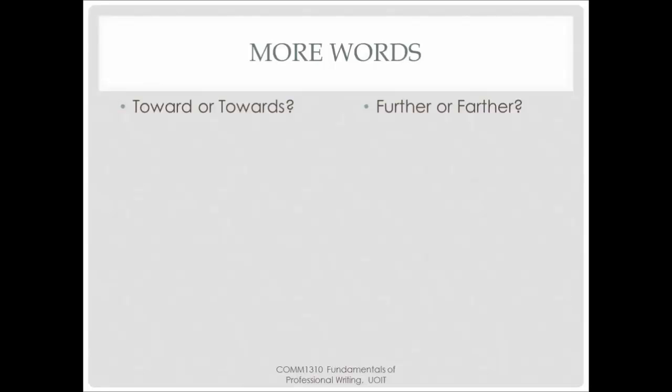For example, I walked towards the car versus we are working toward a common goal. In other literature, the common usage is to use them interchangeably, but there's also some suggestion that toward without an S is better usage. No matter which one you choose to use, make sure you use it consistently the same way.